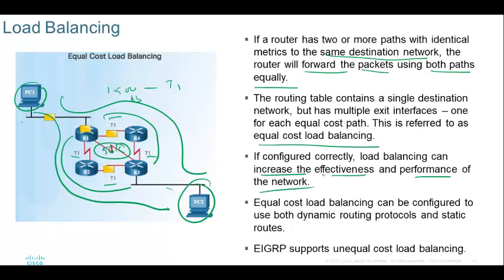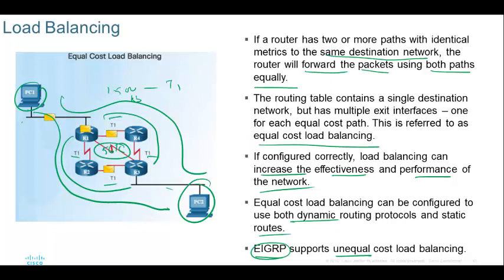So equal cost load balancing can be configured in both dynamic routing protocols as well as static routing. Now, there is only one protocol which can even support unequal cost load balancing. That we will learn when we go to EIGRP. But understand what is equal cost, unequal cost. Equal cost means paths with the same metric.